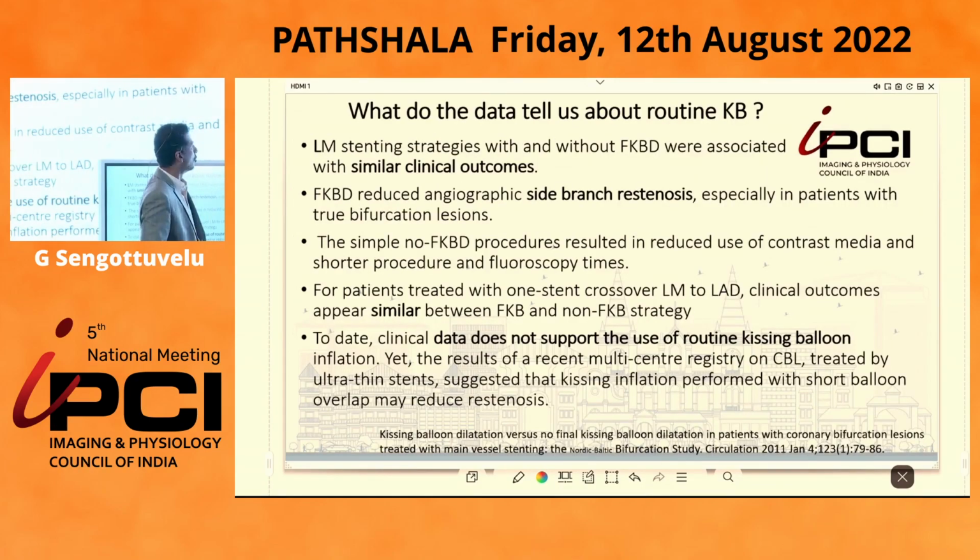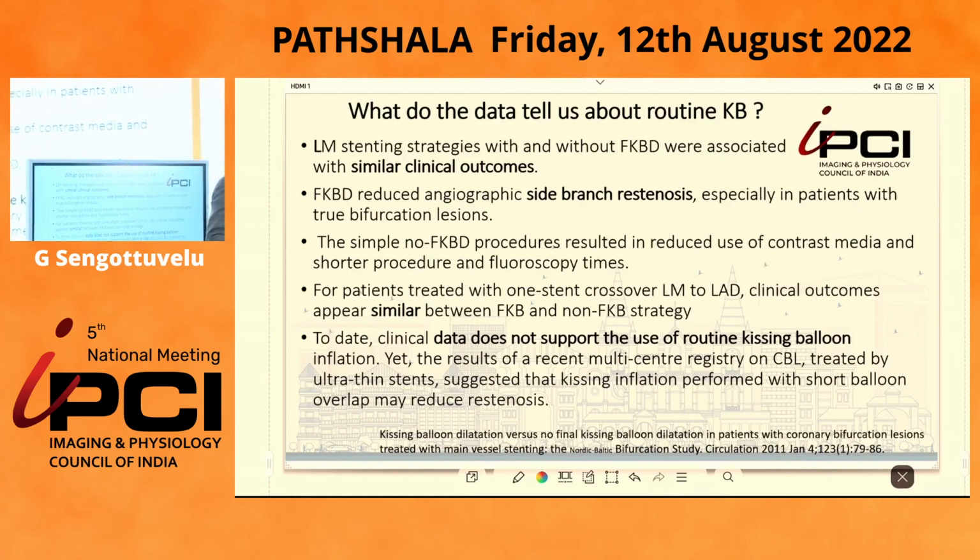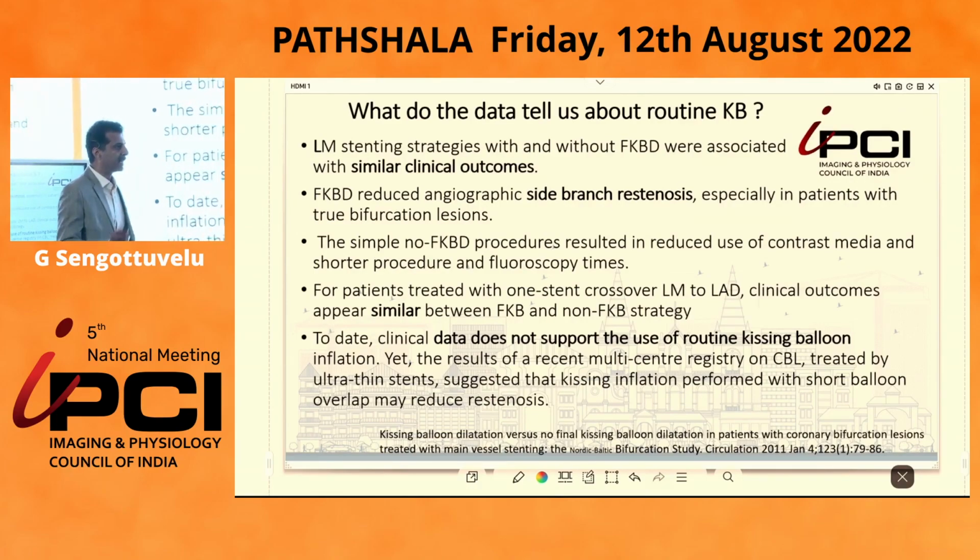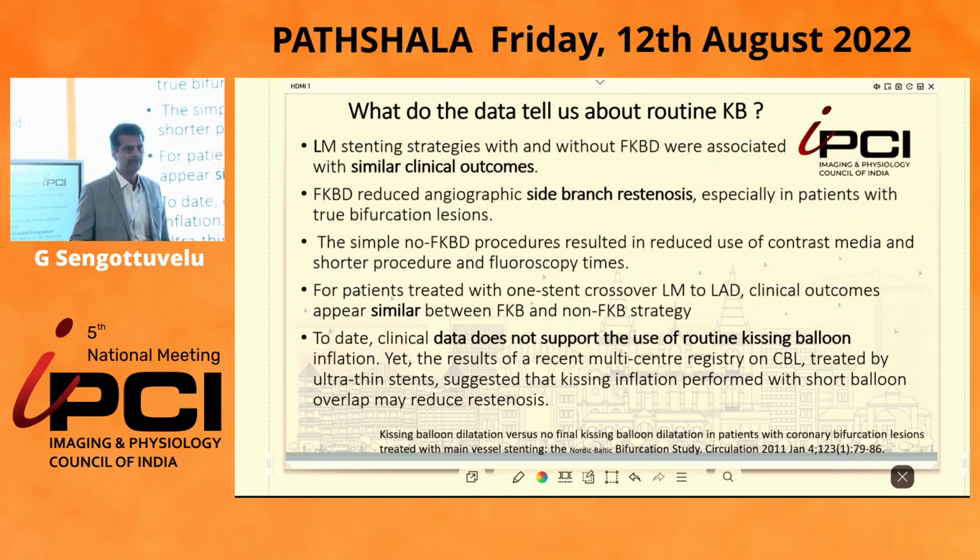Okay. So what do the data tell us? Again, I think we all know that routine kissing is not going to be beneficial. Multiple trials and some meta-analyses have clearly shown that there is no benefit with routine kissing, but there are reports that some patients can even develop benefits in terms of reduction in side branch ostium restenosis with kissing balloon.